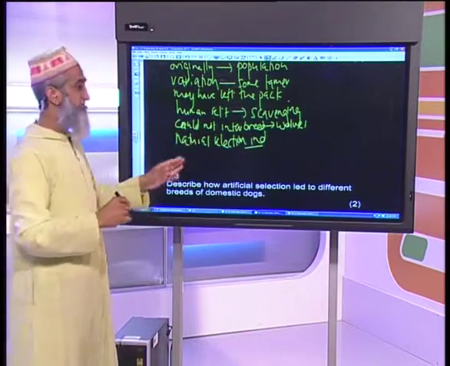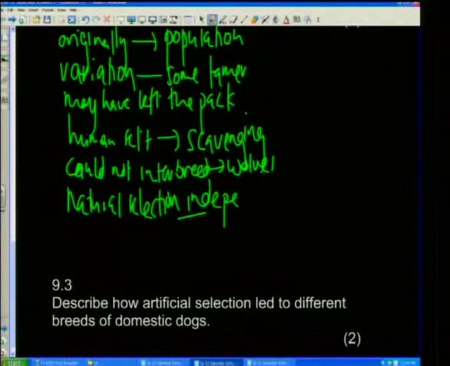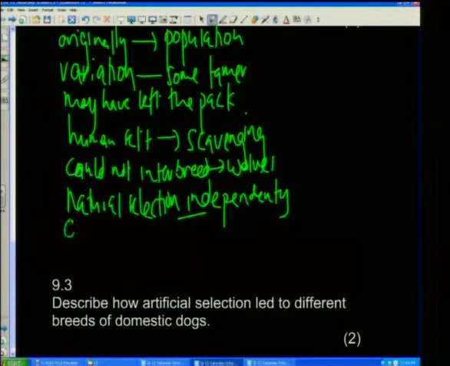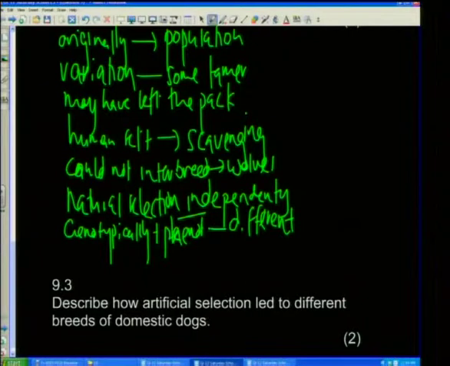Natural selection happens, and in this case now, independently of each other. And these organisms became genotypically and phenotypically different from each other.